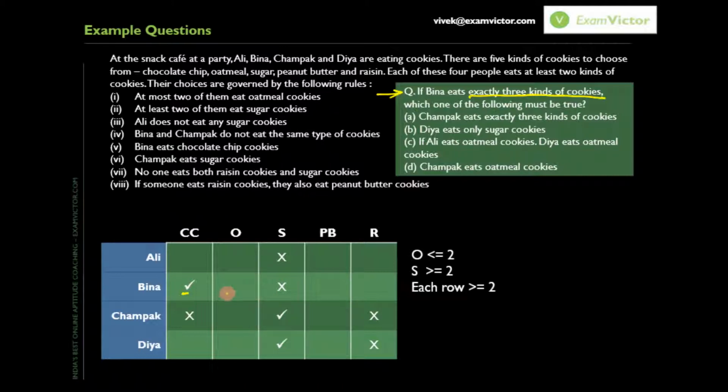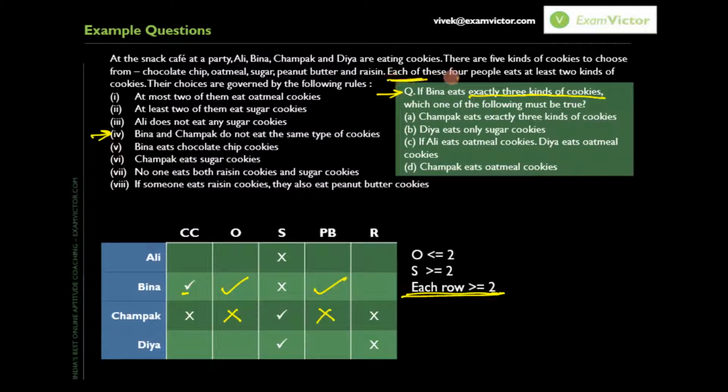Let's say that she eats oatmeal and peanut butter. Now, first thing is, we know that Beena and Champak don't eat the same type of cookies. So automatically this means Champak cannot eat oatmeal, Champak cannot eat peanut butter. This is not fine, because we have this condition: each row should have at least 2 ticks. Where did we get this from?